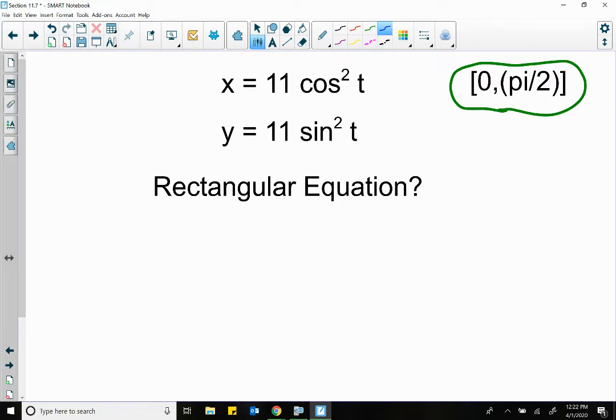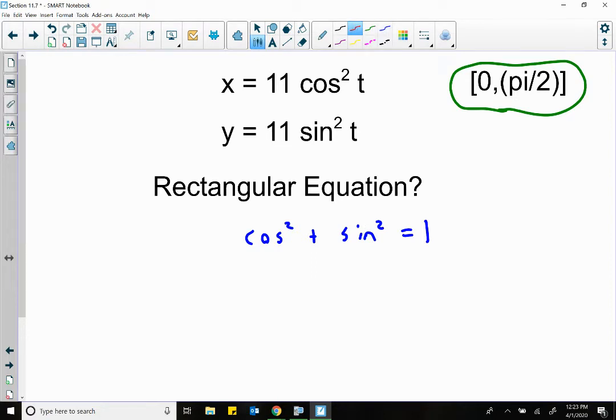Like for instance, we know that cosine squared plus sine squared equals 1, right? This is why we want to isolate them. If I know what cosine squared is, I can plug it into the cosine squared. If I know what sine squared is, I can plug it into the sine squared. Okay?